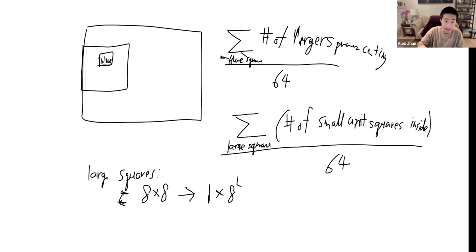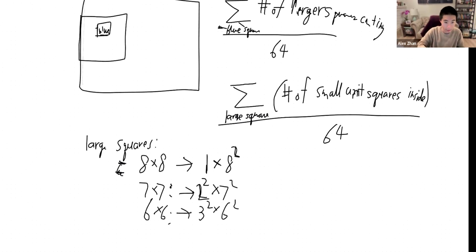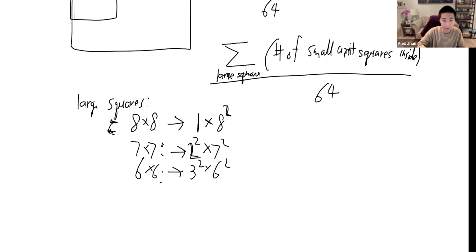If we talk about 7x7 large squares, then there are 2 squared such squares, because there are in total 4 ways to choose 7x7 squares within our grid, and there are 7 squared unit squares within each 7x7. For 6x6, this will be 3 squared times 6 squared, all the way down to 1x1. This will be 8 squared times 1 squared.